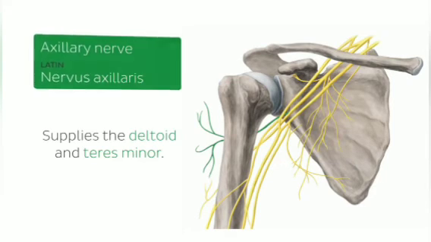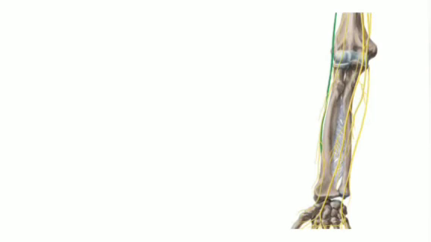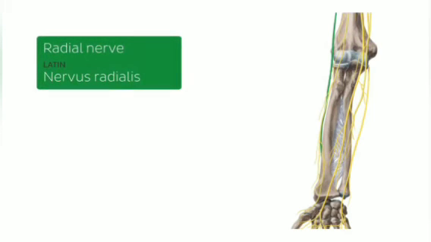The last on the list is this one that you see highlighted in green, and we're looking at it from the anterior view of the upper arm and also the forearm. This is the radial nerve. And the radial nerve is a nerve in the human body that supplies basically the upper arm, as you can clearly see. Now, it innervates different structures, including the triceps brachii.